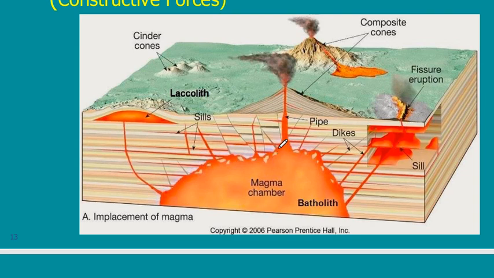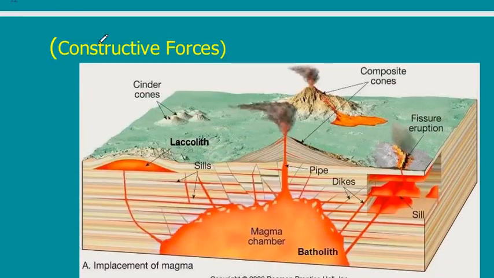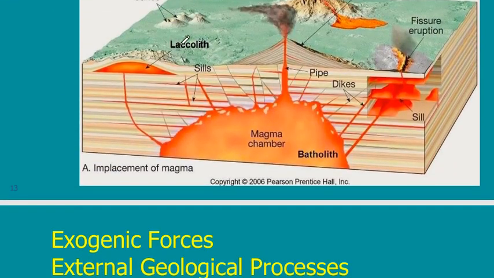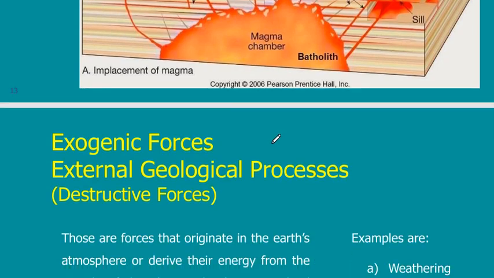It may go through a vertical pipe to become a volcano. It can move horizontally to give you layers and so on. So if it moves below the ground, then in this case it will be slow in cooling. If it goes outside, it will be fast cooling. So this is the difference between the fast cooling magma and the slow cooling magma.